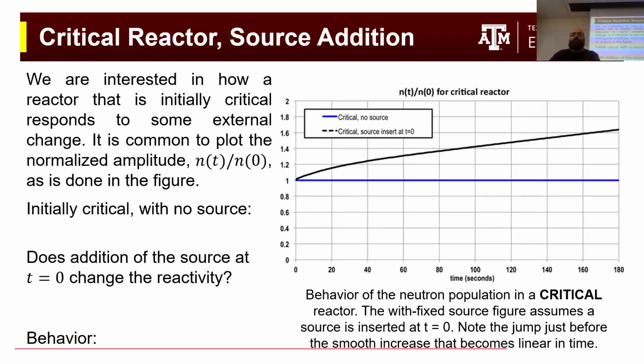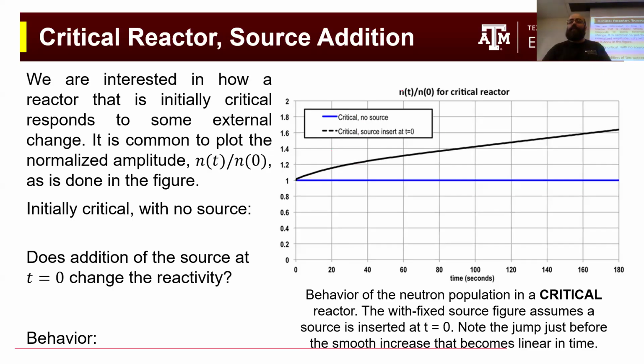So we're going to start with a critical reactor, and then we're going to add a source to the critical reactor. What's being shown here are two plots. In blue, it's the critical reactor before we added a source, right? And hopefully that makes sense: if the reactor is critical, then it's in a steady state.